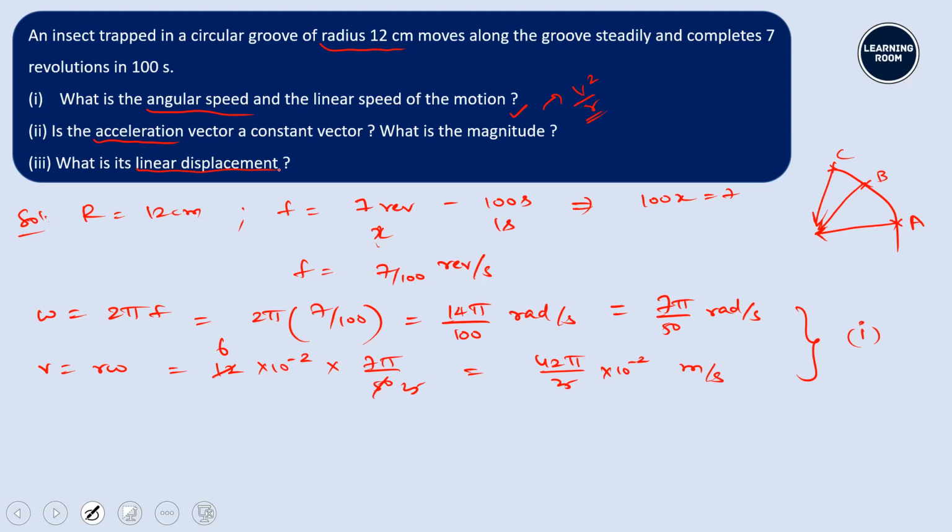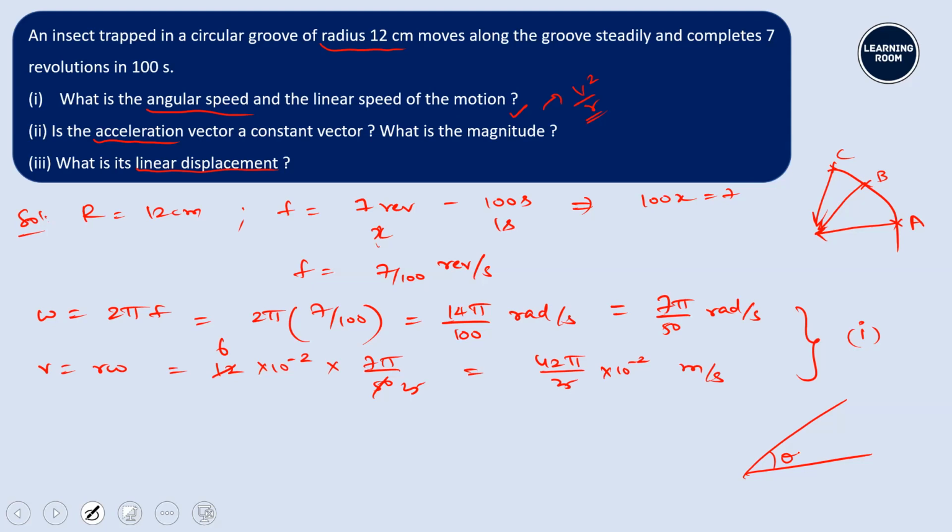For me to find linear displacement, I need to know the angle. For us to find the angle, we need to know how much time it has taken to go from one point to another point. Take 100 seconds as the time to complete 7 revolutions. So if they are saying in 100 seconds how much is the linear displacement, then it will be easy for us to find.